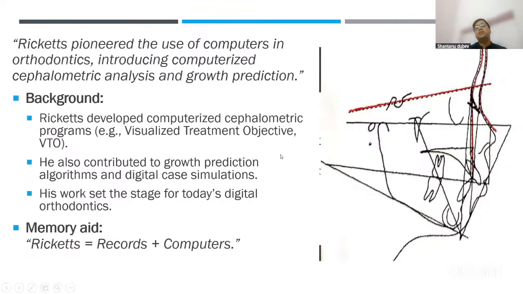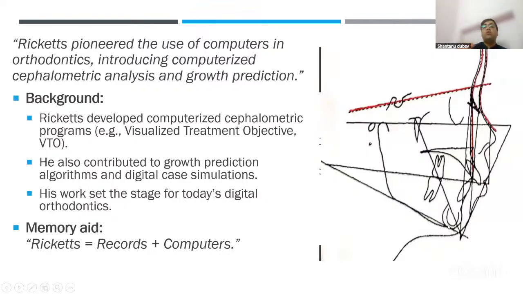What happens is, for example, you are confused with a patient. A patient has come to you with, for example, class 2 molar, and you need to decide whether to go for distalization or upper premolar extractions, upper 4 extractions, right? Now, you do the extraction on the little ceph on the computer, and it would utilize this Ricketts visual treatment objective and give you the approximate facial profile.